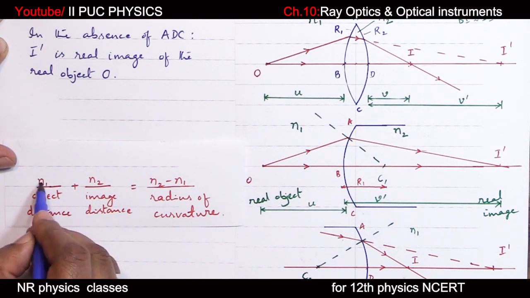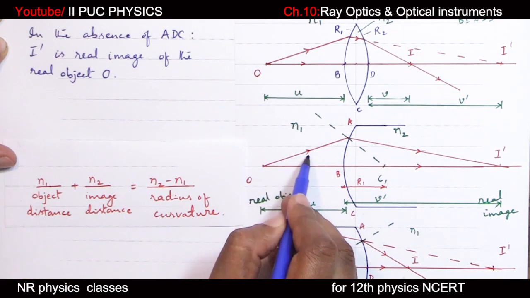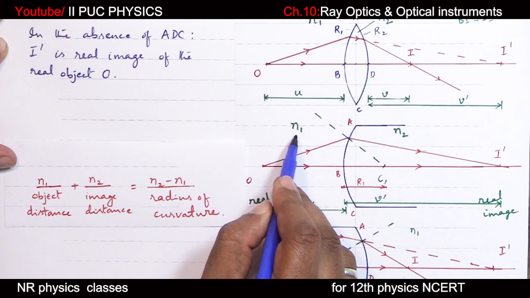Now N1 is the refractive index of object space. This is the object space because the incident ray is in this space.